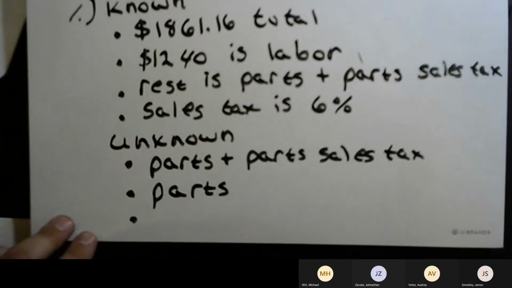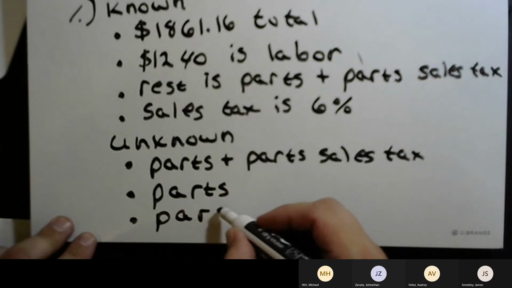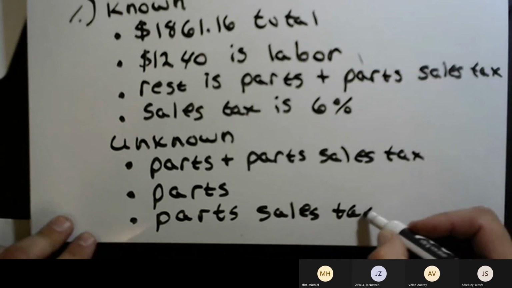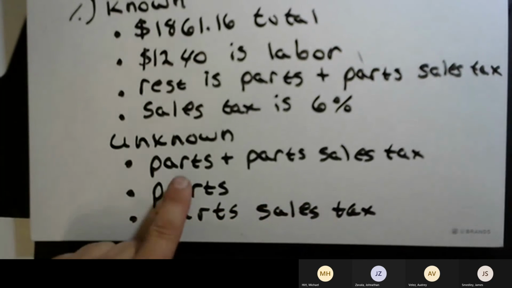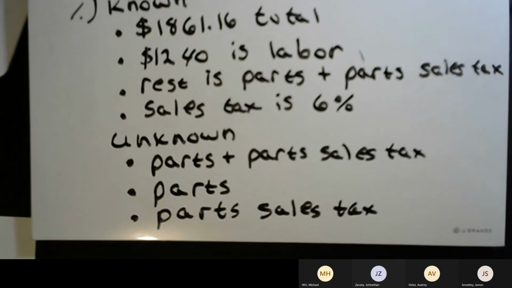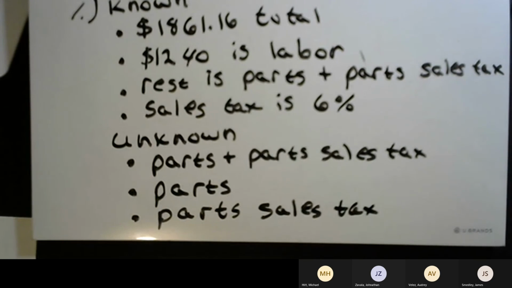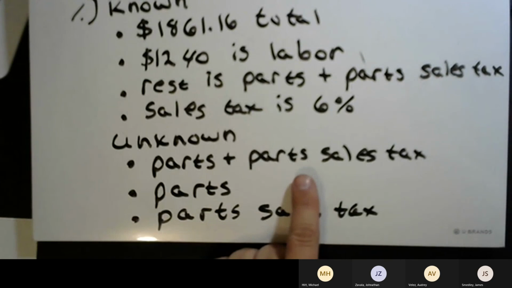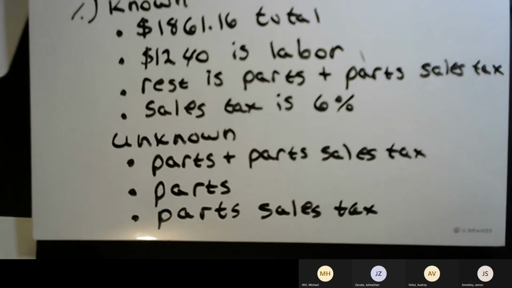We also don't know the parts sales tax. So this we don't know, and this we don't know. We don't know what they are together. We don't know what they are individually. Now, here's the thing. If we know how much money there was for parts, we can calculate the sales tax on that amount.